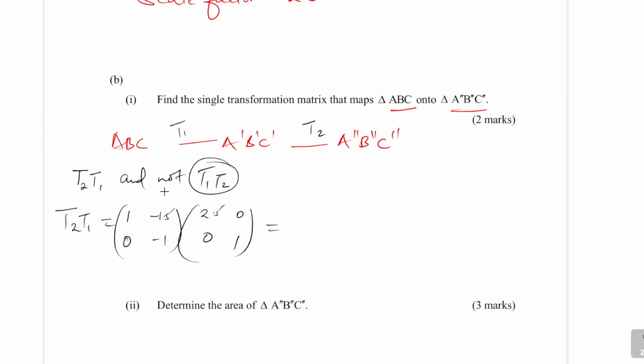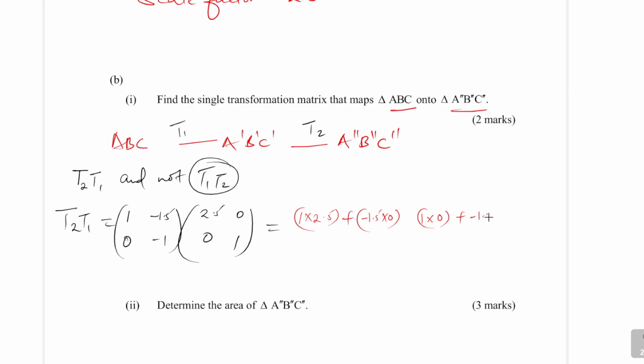So let's multiply these. Row 1, column 1: 1 times 2.5 plus negative 1.5 times 0. Then row 1, column 2: 1 times 0 plus negative 1.5 times 1.